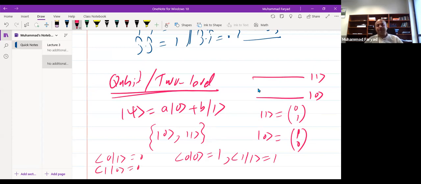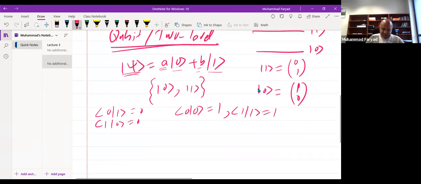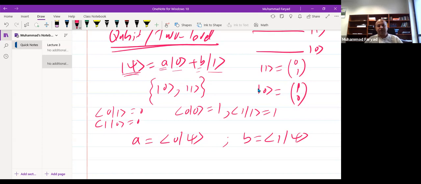So they're orthonormal. It means we can use these two vectors to represent any state psi in terms of 0 and 1, where A and B are nothing but the projection or component of state psi along 0 and along 1. For example, A is the scalar that you get by projecting this state onto 0, and B is the scalar you get by finding the inner product of your state psi with 1.